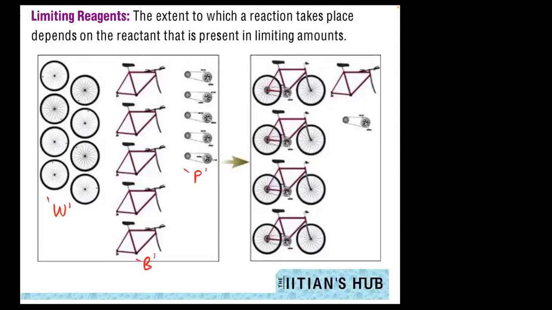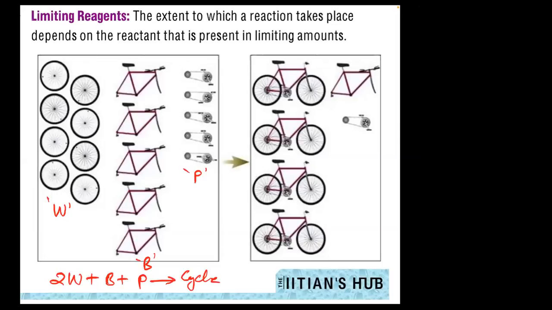To get a complete cycle, you have 2W plus 1 body plus 1 pedal and chain, and you will get a complete bicycle.